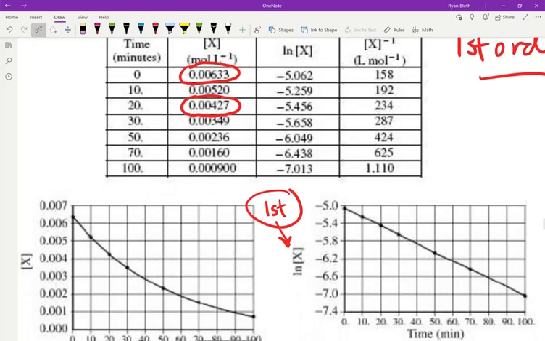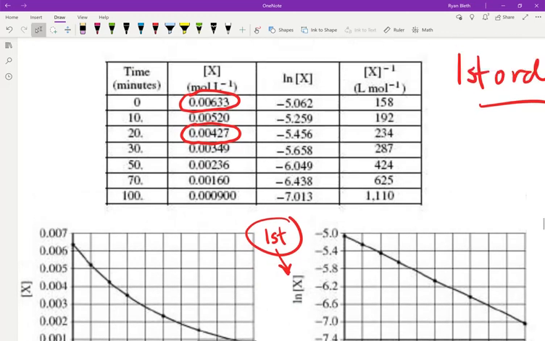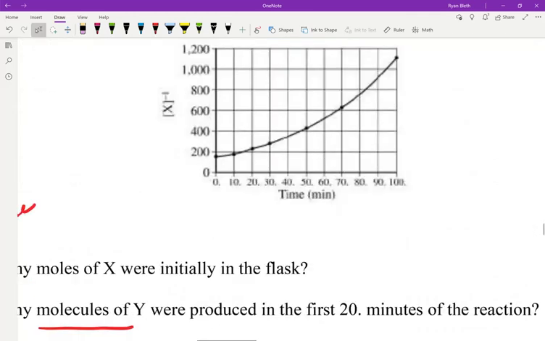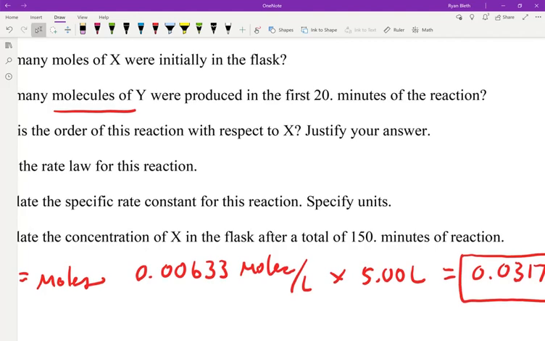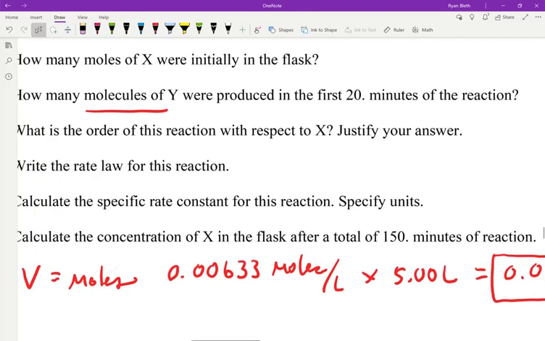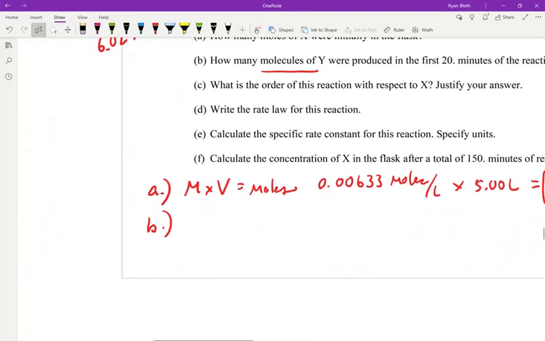So if we look at our change in X, we can use that to figure out our change in Y. How much did X go down? It went from 0.00633 down to 0.00427. And so for part B, we could say that the concentration of X decreased in those 20 minutes.